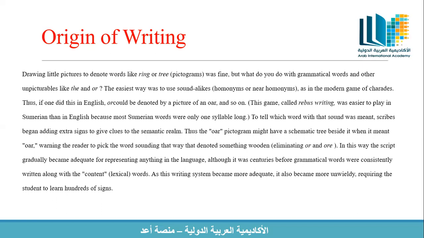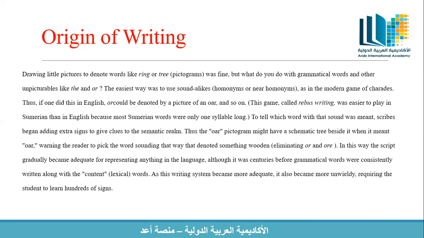So as in the modern game of charades, thus, if one did this in English, or could be denoted by a picture of an oar, and so on. This game, called rebus writing, was easier to play in Sumerian than in English because most Sumerian words were only 1 syllable long.